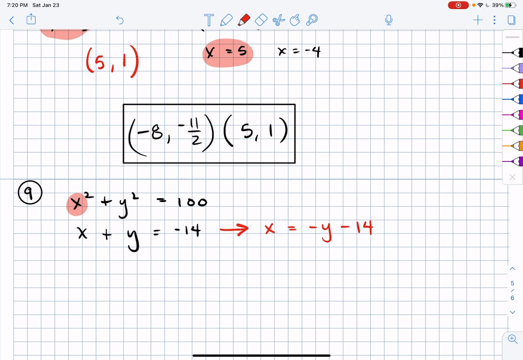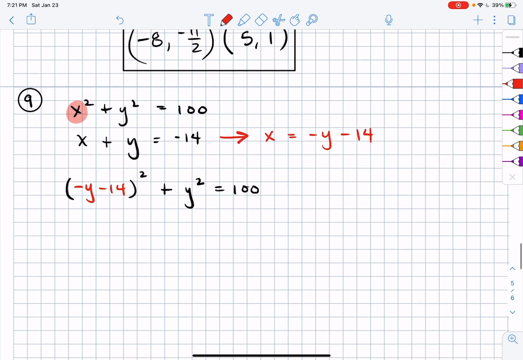So what am I going to get? I'm going to get (-y minus 14) squared plus y squared is equal to 100.